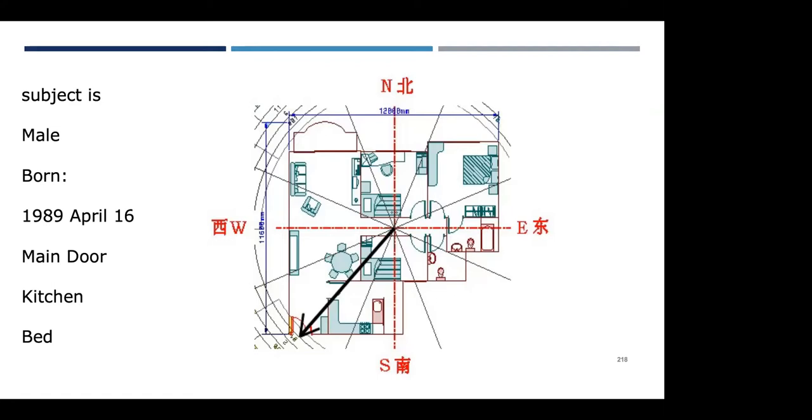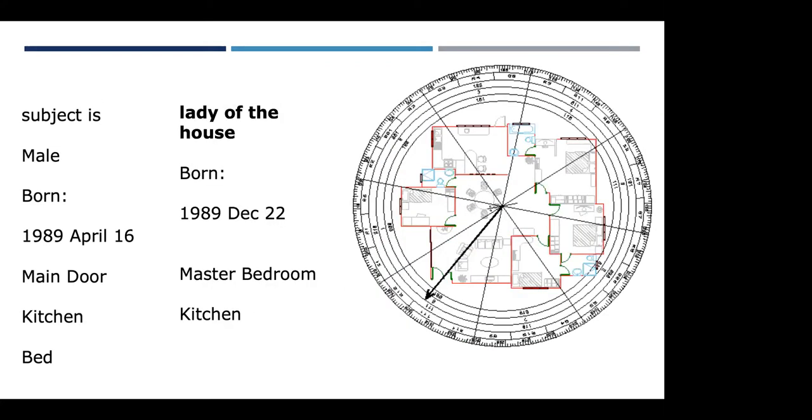Okay, next. Now the subject is the lady of the house coming in, but the door is not the same anymore. This is a new building. The male is the same, but the wife was born in the same year, except on December 22nd. So where is the door? The main entrance door is in the northwest.